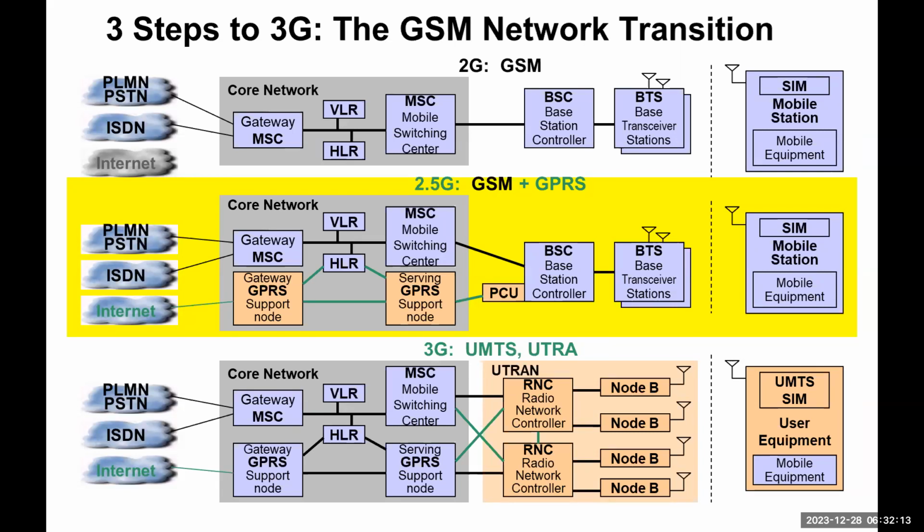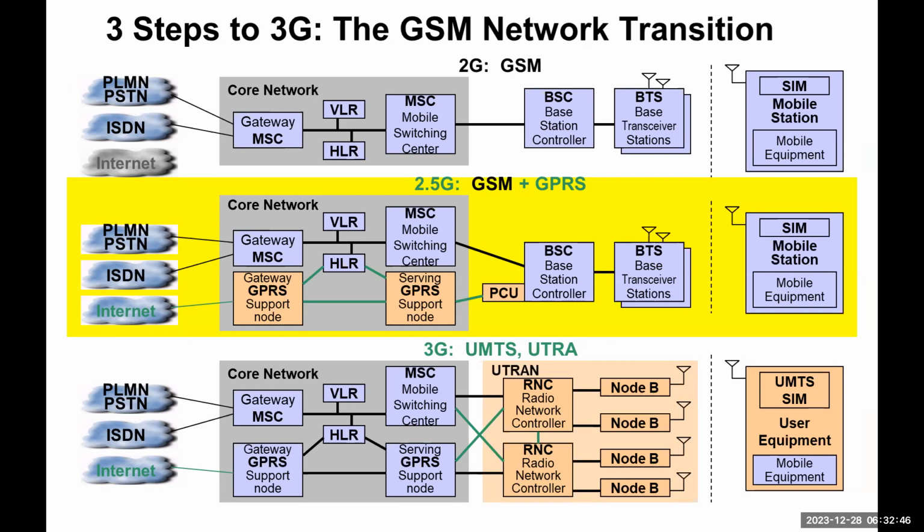New hardware elements include: GGSN, SGSN, and PCU. GGSN is the Gateway GPRS Support Node. And the SGSN is the Serving GPRS Support Node. And the PCU is the Packet Control Unit.